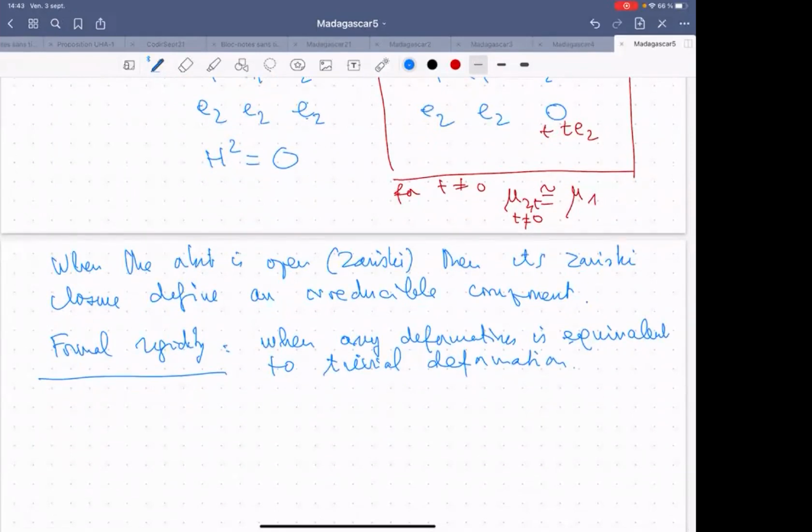For associative algebras in characteristic 0, there is a very complicated example constructed by Gerstenhaber and Sheikh, but in characteristic P; there is no counterexample in characteristic 0. We don't have a formally rigid algebra with H2 different from 0.